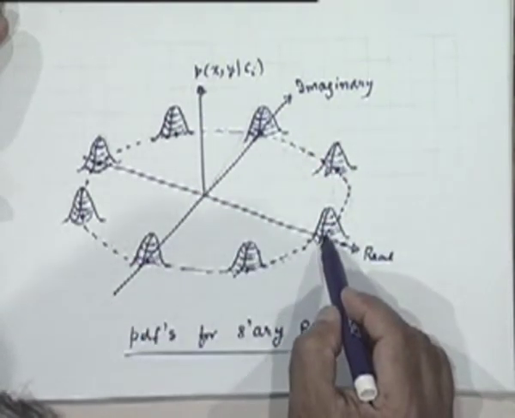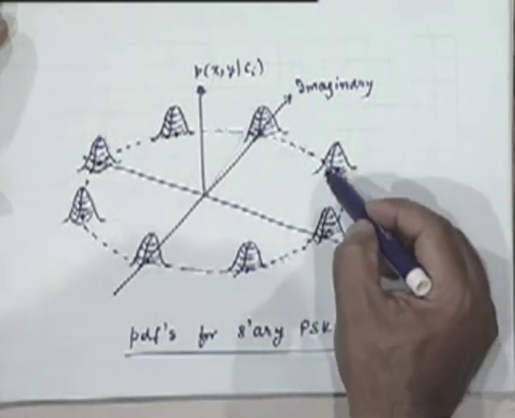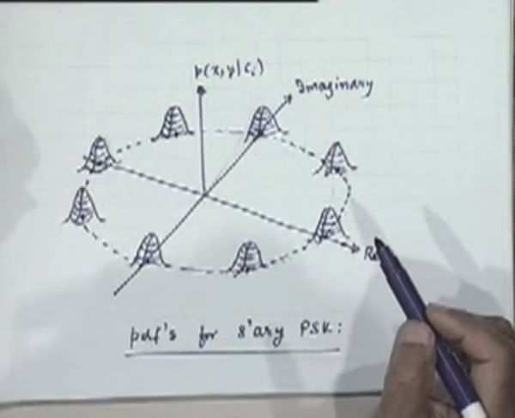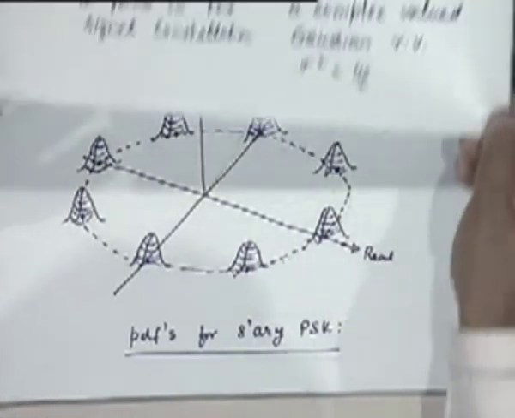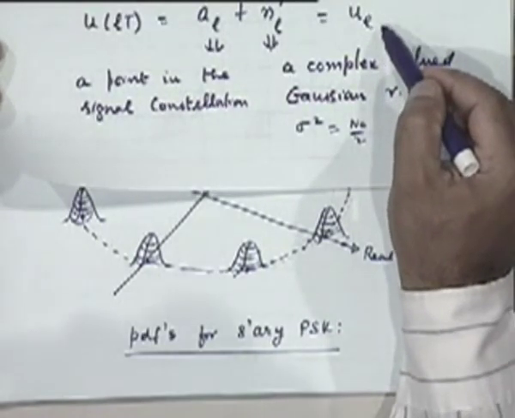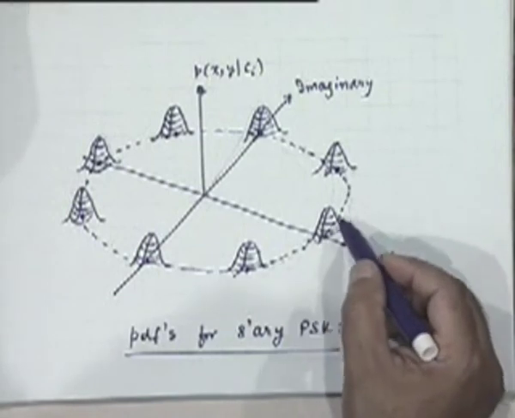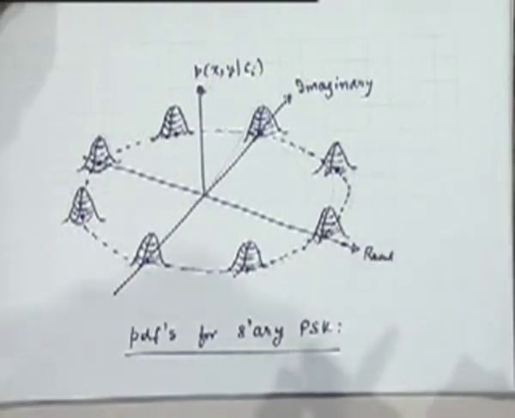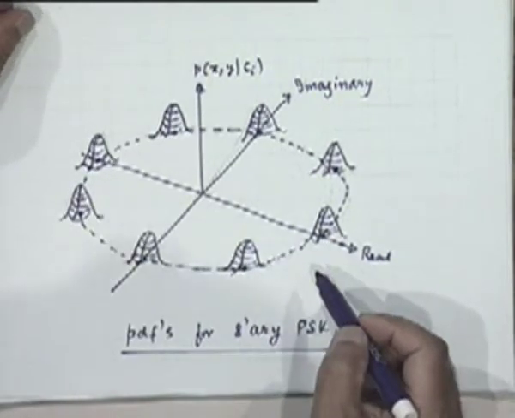And around each of these mean values we'll have a two-dimensional Gaussian density function coming up, which describes the density function of U_L. Essentially this density function is imposed by the presence of the noise n_L.